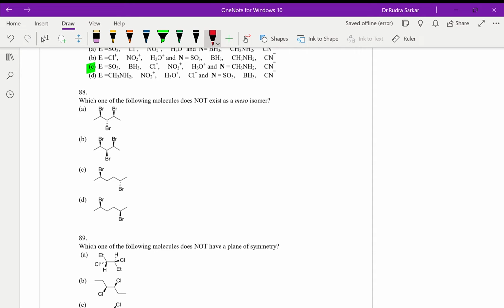So we will say molecules that have a plane of symmetry or center of inversion is a meso compound.